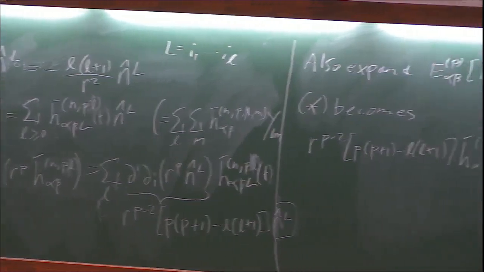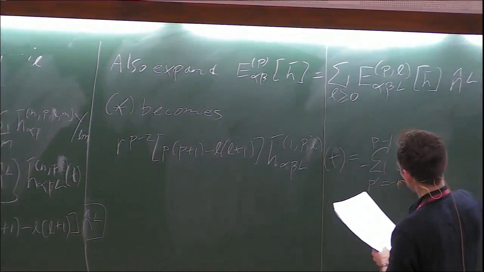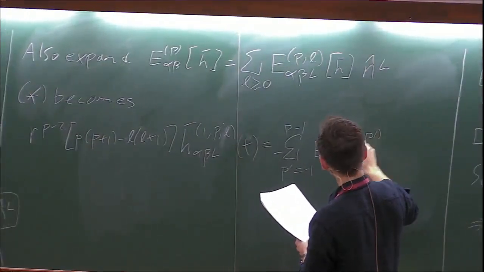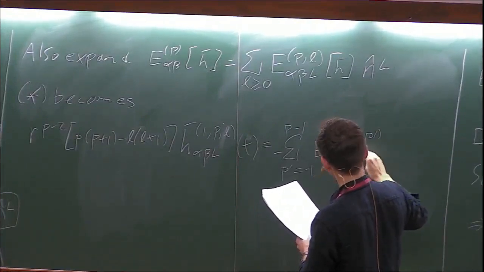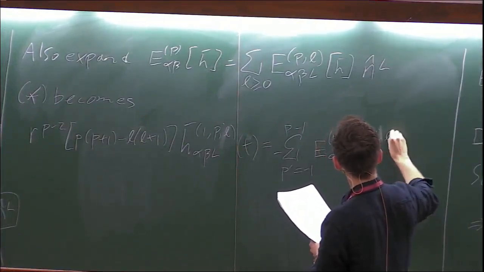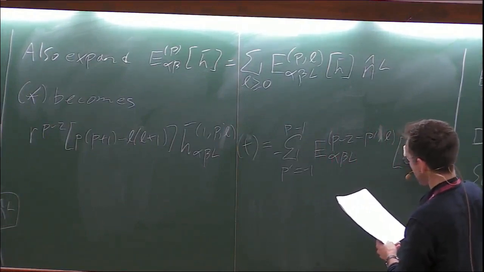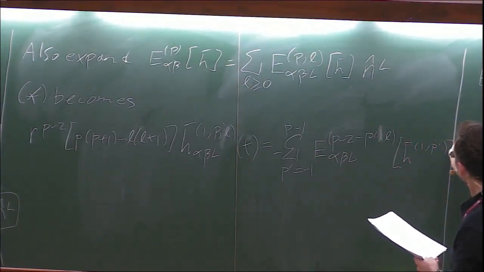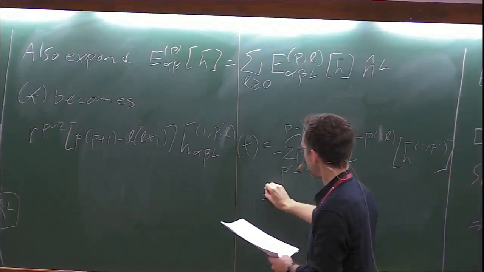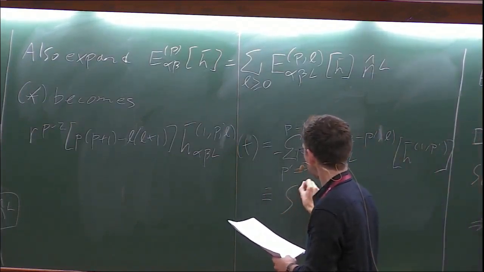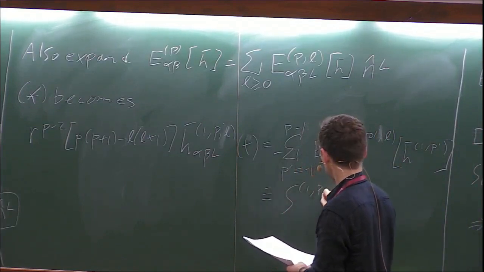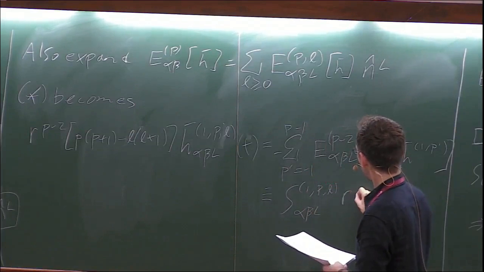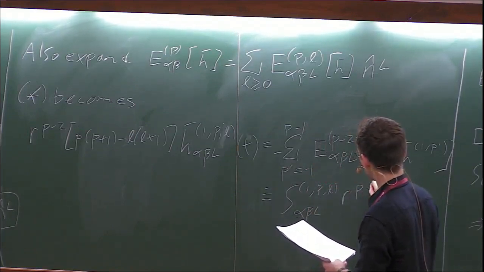Now you have the sum over lower order modes, p minus 2 minus p prime, alpha beta L. I'm just going to define this thing on the right-hand side to be S1 p L alpha beta L r to the p minus 2.